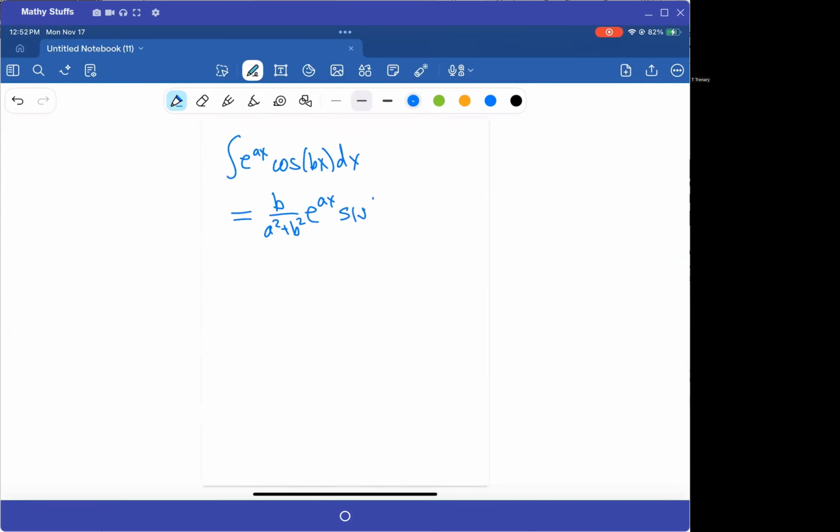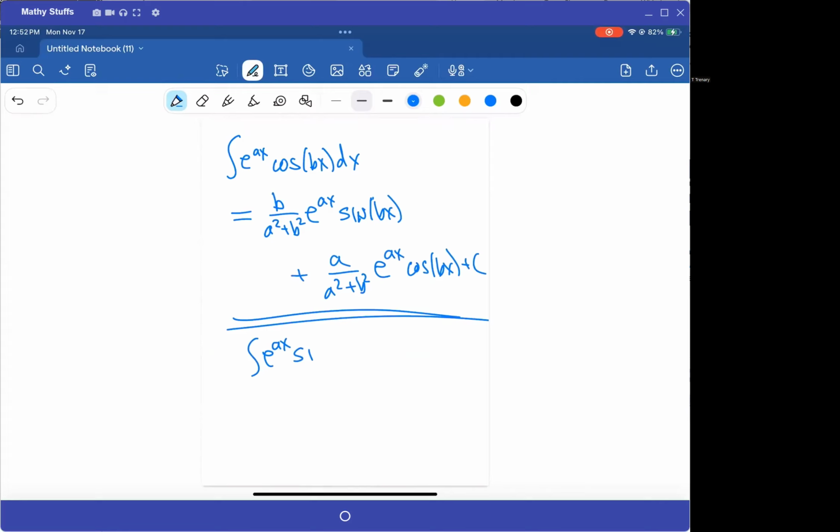Sine of bx plus a over a squared plus b squared e to the ax cos bx plus c. There is a similar formula for this integral, and you should either try to derive that because it's cool and fun, or at the lowest energy level, look it up in the integral table.